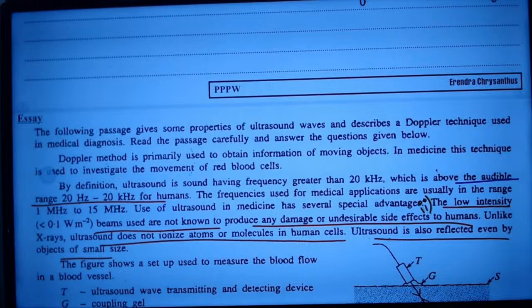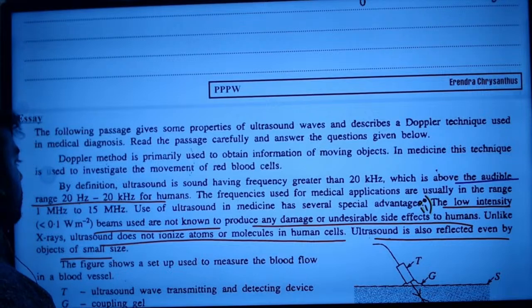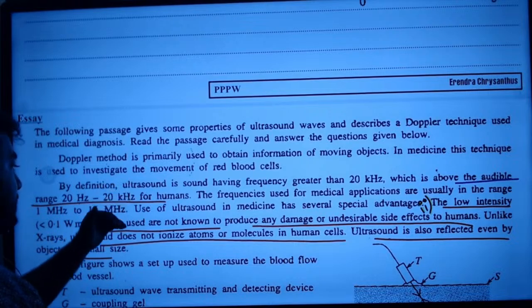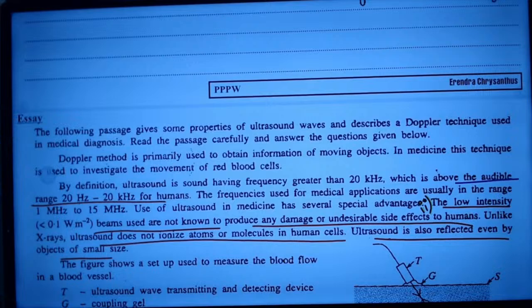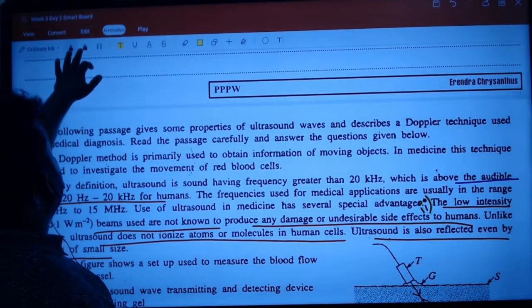Ultrasound is greater than 20 kilohertz. Sound is between 20 Hz to 20,000 Hz. Ultrasound is more than 20 kilohertz and the audible range is less than 20 kilohertz, between 20 Hz to 20 kilohertz.